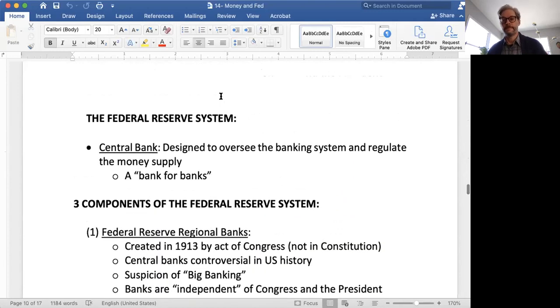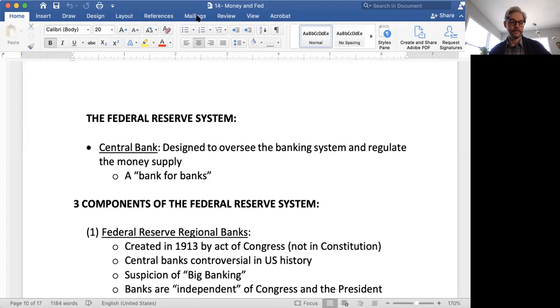So the Federal Reserve System, right? The Federal Reserve is a central bank. It is the United States central bank. What is a central bank?